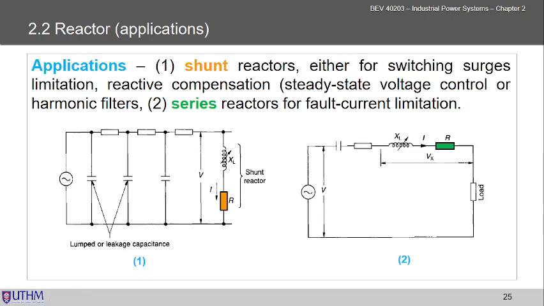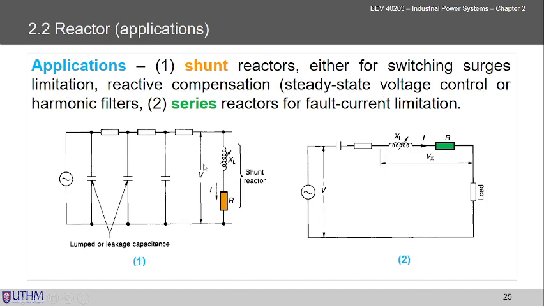As I told you just now, if it is connected in shunt, for example a shunt reactor, it can act for compensation work, or for switching surge limitation.